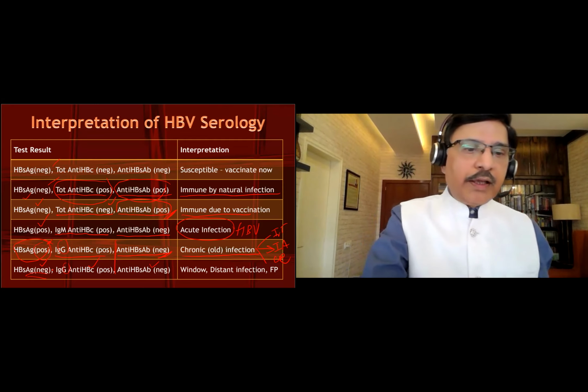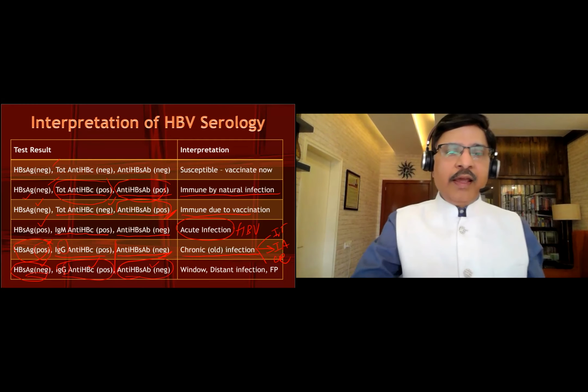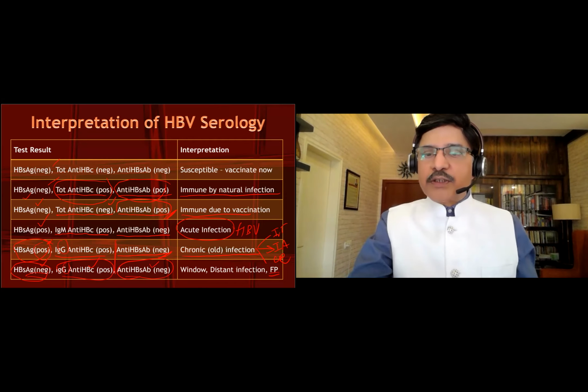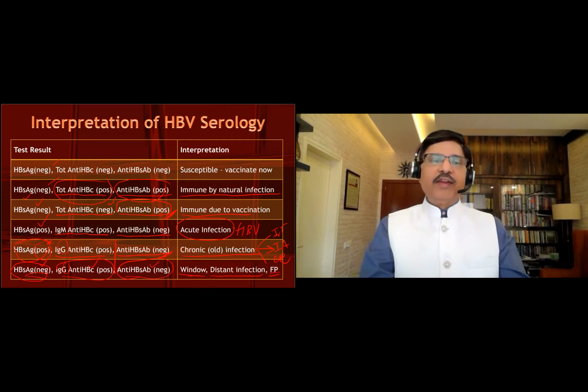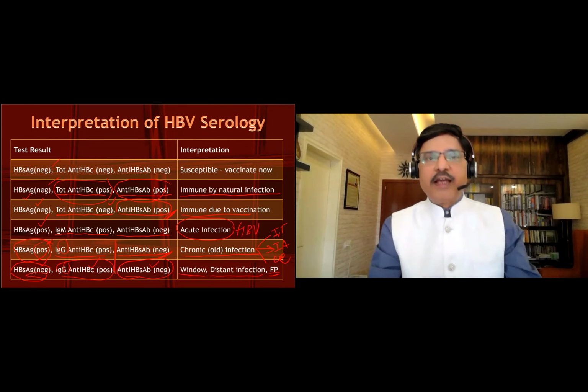Do you say he has infection? No evidence. Do you say old infection? There is no evidence. What are these antibodies? Are they really hepatitis B antibodies? That is why it could be a false positive, or it could be in the window period, or it could be a very remote infection. Okay, these are the different scenarios that you will see.